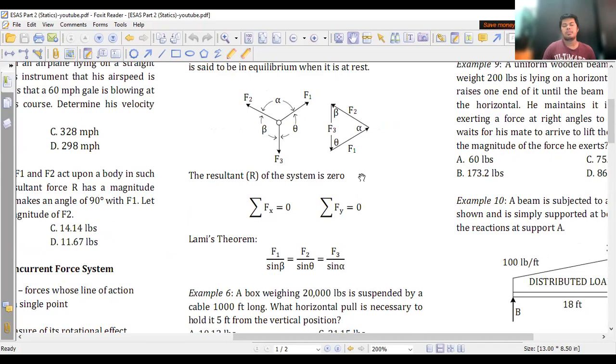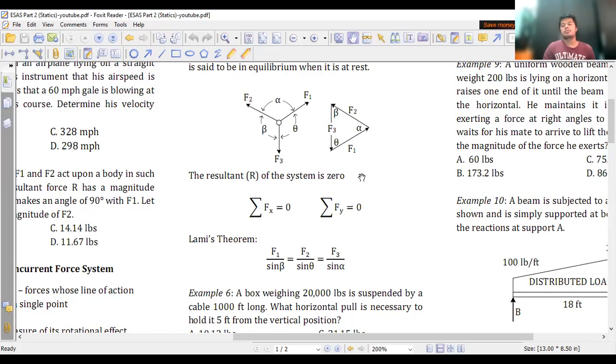Or basically, if you forget about Lami's theorem, just remember that in equilibrium, the summation of the forces, or the resultant force of the system, is zero. And of course, we know how to calculate the resultant force.